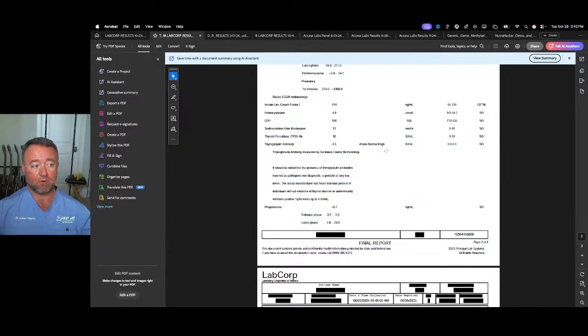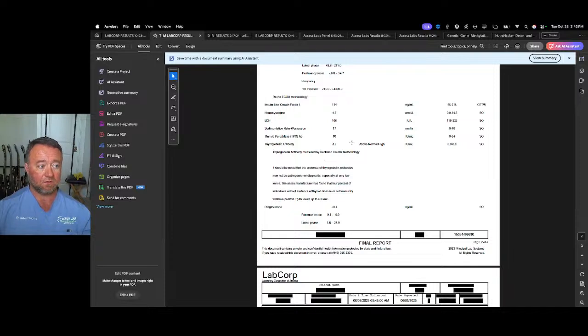She was diagnosed hypothyroid, but I don't think they ever tested her for thyroid antibodies. And this is the most common reason why women, especially, have hypothyroidism, because they have this autoimmune condition called Hashimoto's. And she happens to have Hashimoto's disease, because her immune system is attacking her own thyroid.